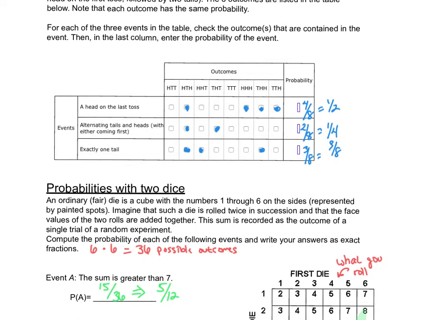The sum is not divisible by 4. Not divisible by 4. Well, you know what that is. That is all your odds plus more. Let's do it the simple way. How many are divisible by 4?